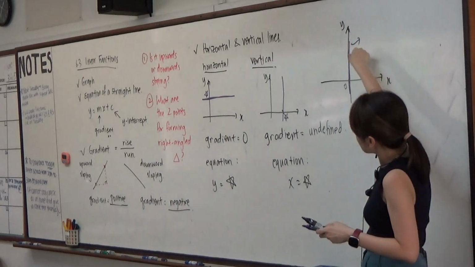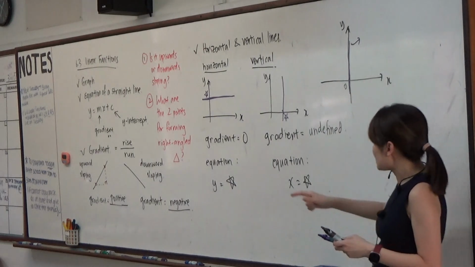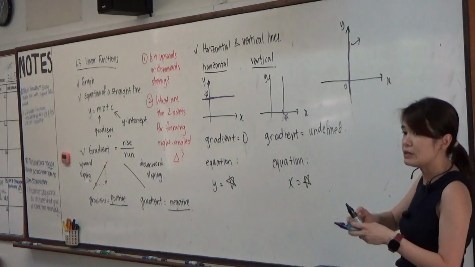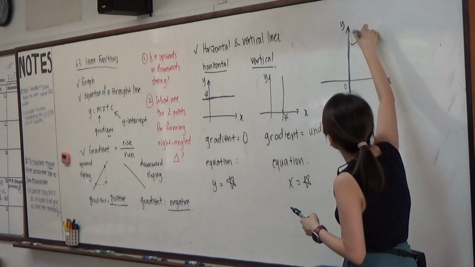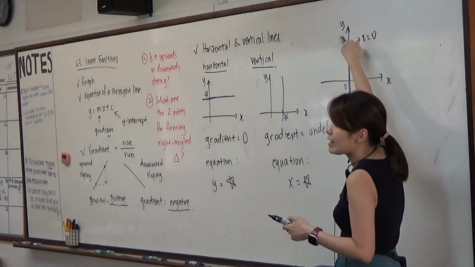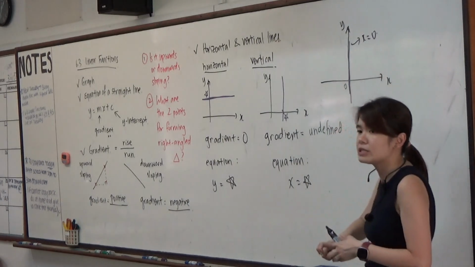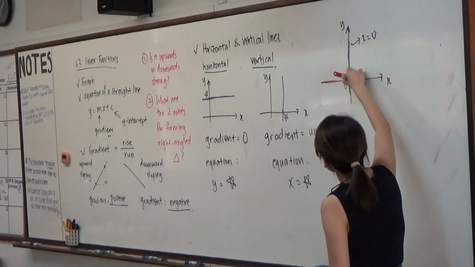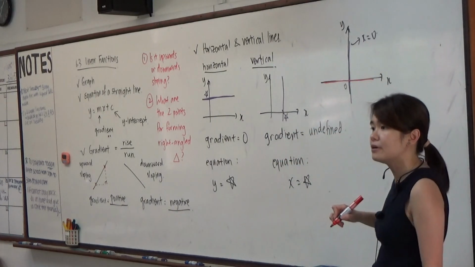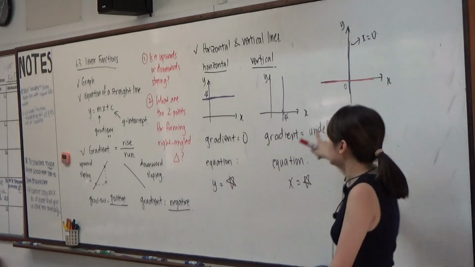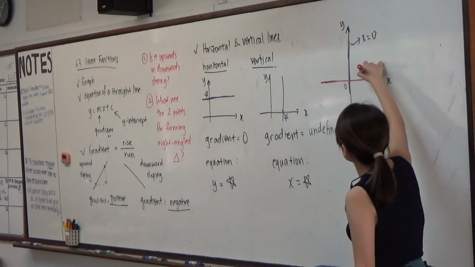It's a vertical line, so must be x equals to something, right? What is that something? 0. And for a horizontal line, so must be y equals to something, and that something will be 0.